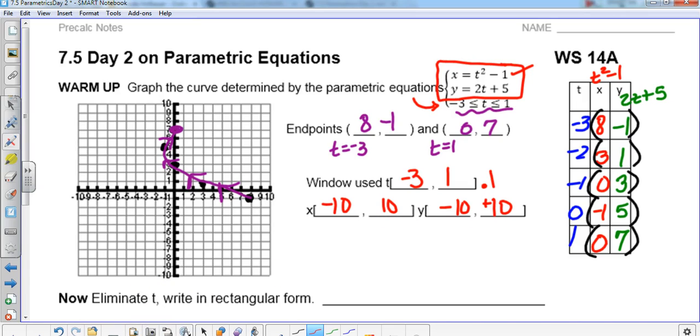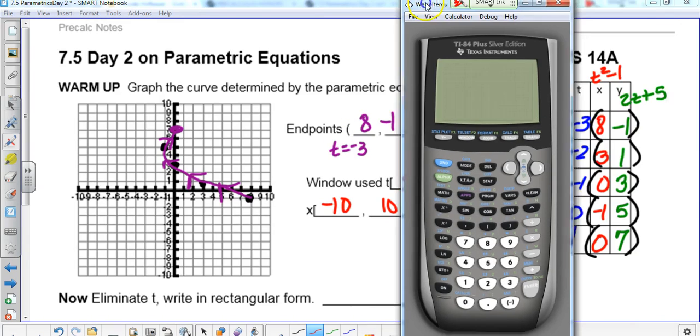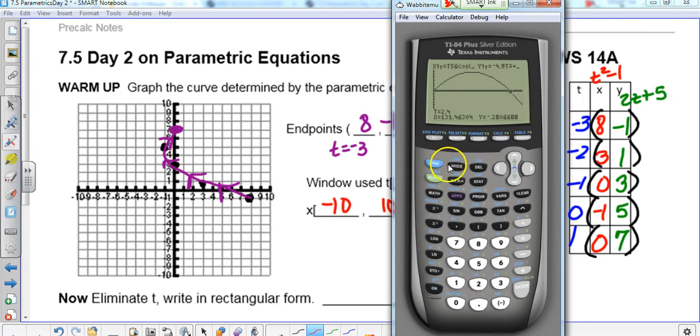All right, so what you do is you go to mode on your calculator, and I'd like everybody to do this because I'm going to have you set some other things that we need for later in the lesson. We're going to need degrees later today, so make sure you're in degree mode. And then this is the one that will get us the ability to graph in parametrics.